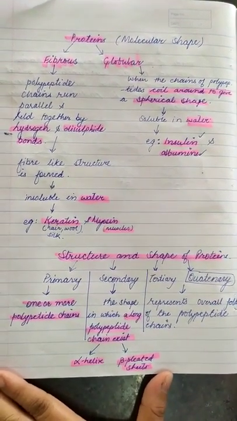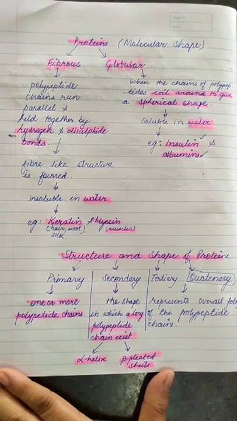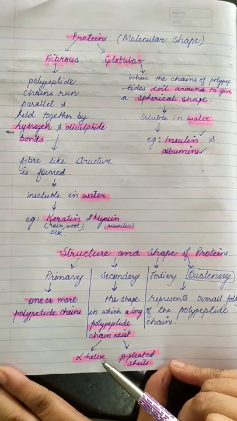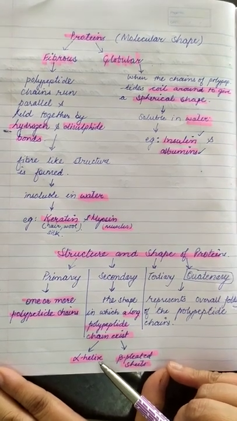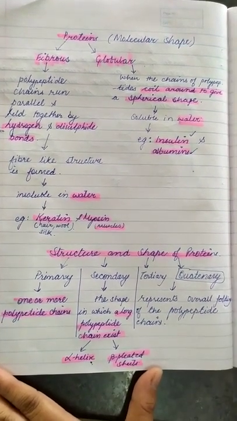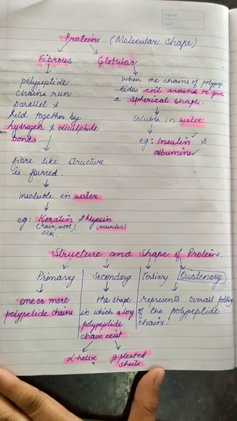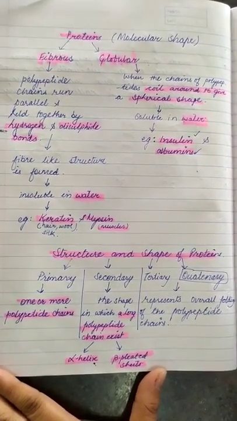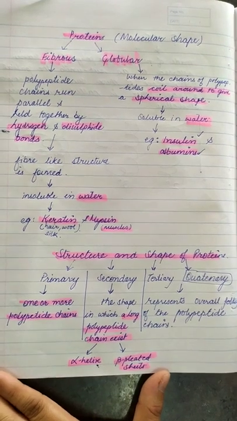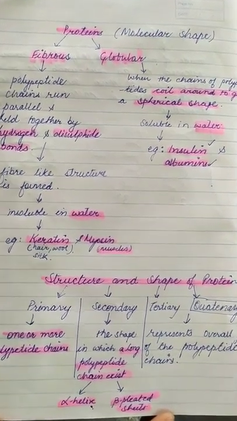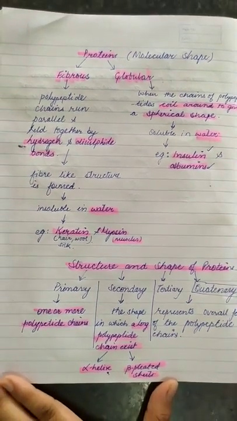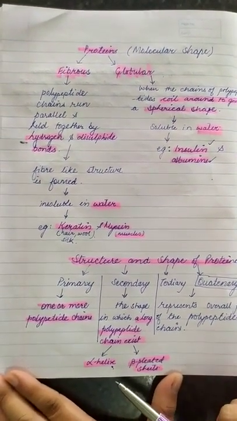It is one of the most common ways in which a polypeptide chain forms all possible hydrogen bonds by twisting into a right-handed screw with an NH group of each amino acid residue hydrogen bonded to the keto group of an adjacent turn into a helix. So that is called alpha helix structure.